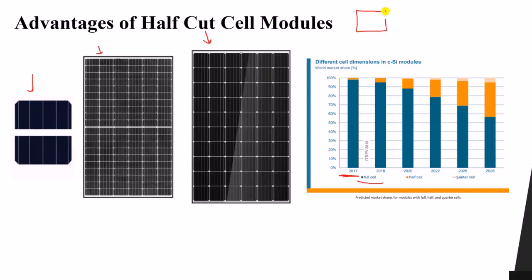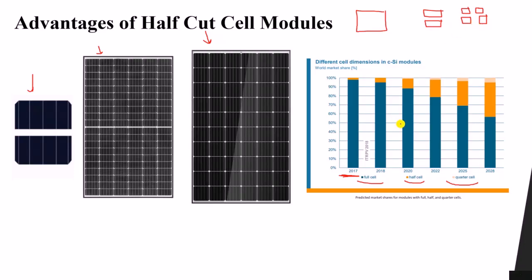And we have another technology, which is the half cell, which I just discussed, dividing it into two halves. And we have another technology which I didn't discuss, which is a quarter cell, dividing our cell into 4 parts.